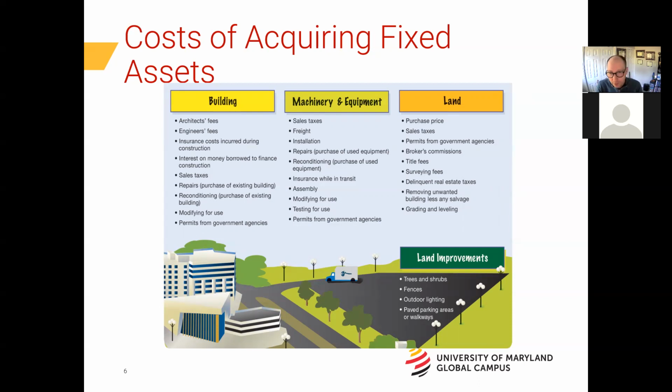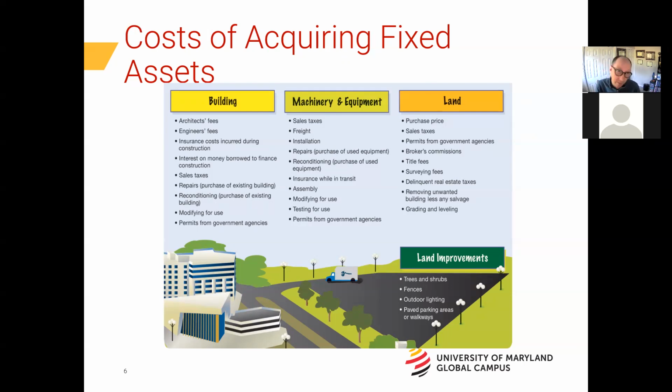The overall point that I'm trying to get at here is that on your balance sheet, when you have a fixed asset that is a building, the total cost associated with that building includes all of these costs. So it says building $1.5 million. Well, of that 1.5 million, maybe only $1 million of it is the actual building itself.